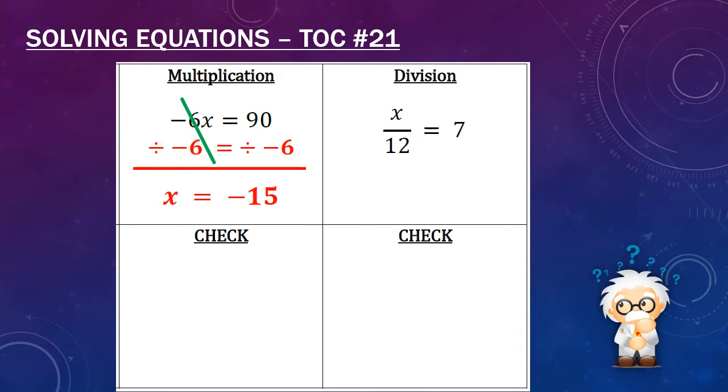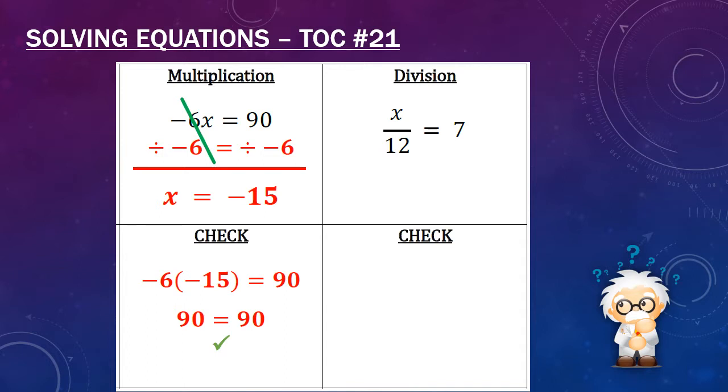So my answer is x is equal to negative 15. And then if I plug that back in, 6 times my answer, let's replace that with a negative 15. A negative times a negative, 6 times 15 gives me a positive 90. And that's what I should have gotten. That's what I started with. So my answer is correct.